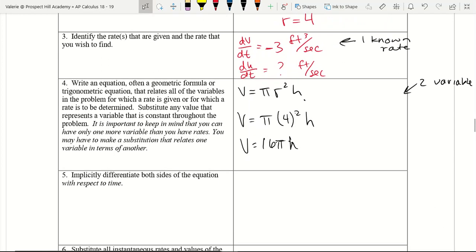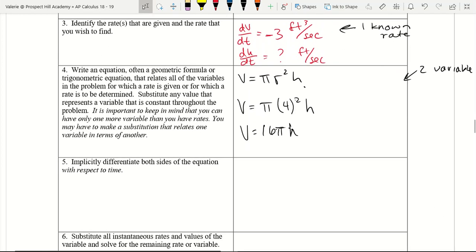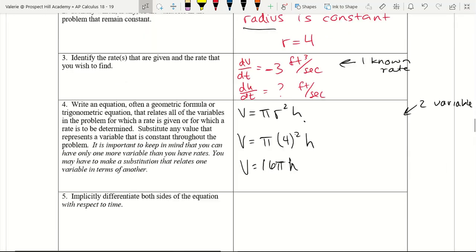All right, so now for part 5, we're differentiating that equation, which we've already done on page 119. So it's just a matter of rewriting that, keeping in mind that we know the value of R, which was 4.